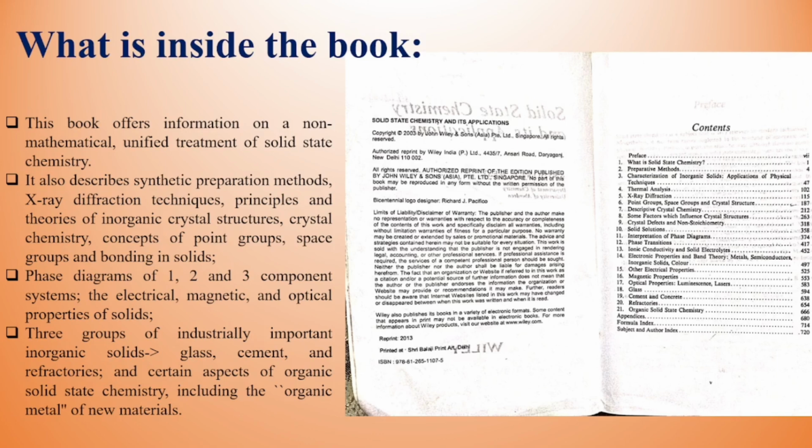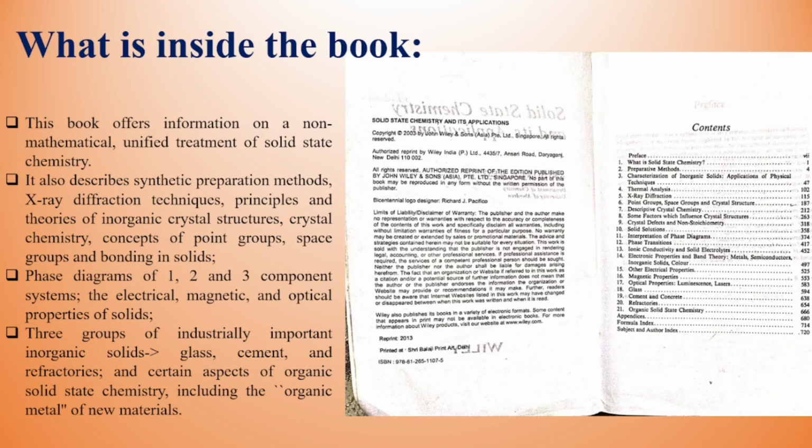What exactly is inside the book? So this book offers information on a non-mathematical, unified treatment of solid state chemistry. That is an important point. You can see the contents in the picture on the right.